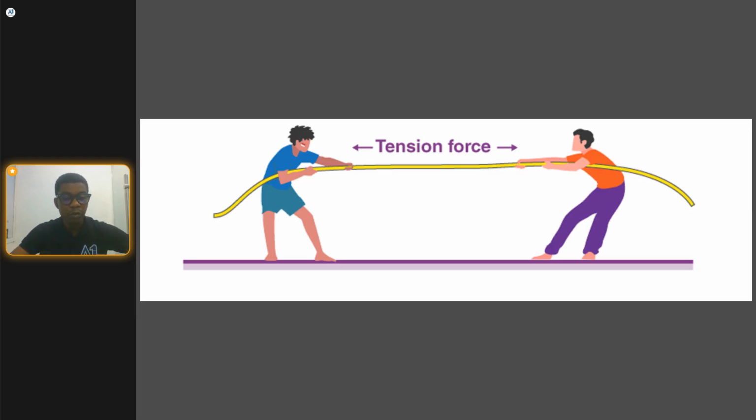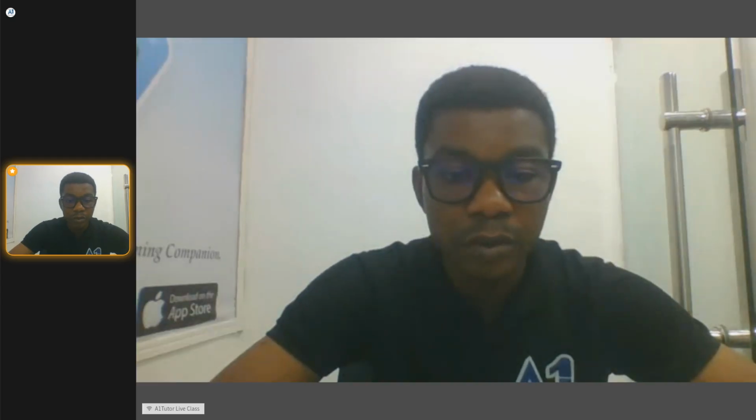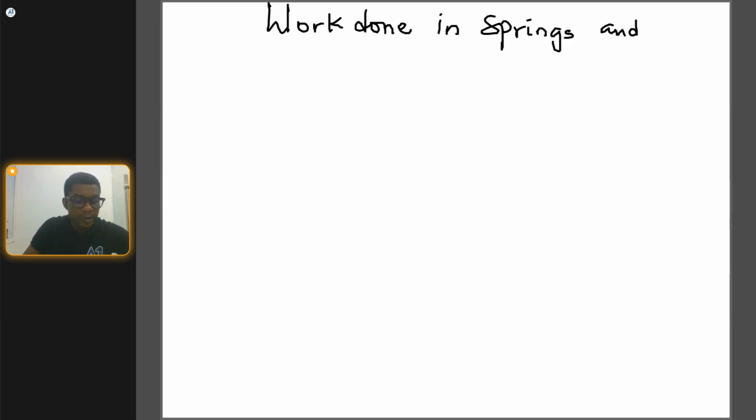First, we have to define what work done in a spring is. We are going to take the definition of work done in springs and elastic strings.